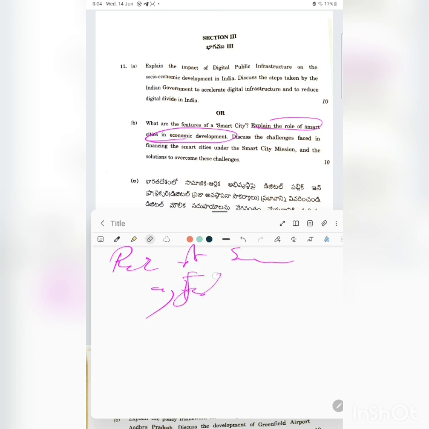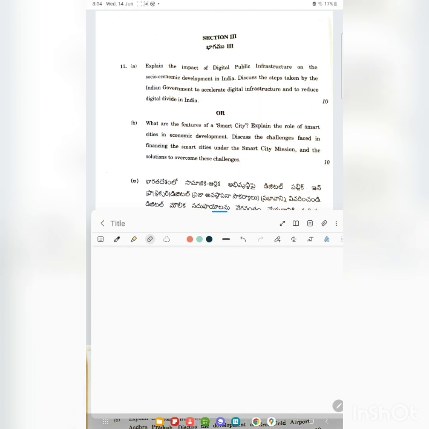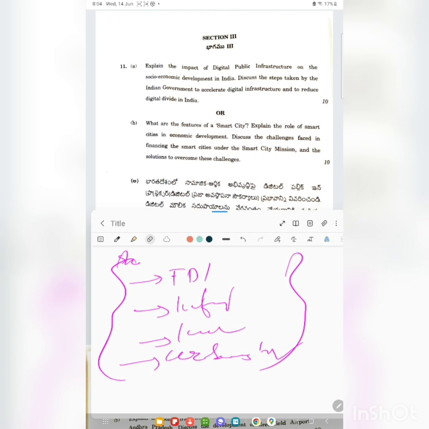For example, it can create more jobs, it can attract FDIs, it can attract smart infrastructure, a lot of investment. And also it plays a key role in urbanization. So with all these things, smart cities play a crucial role in economic development.